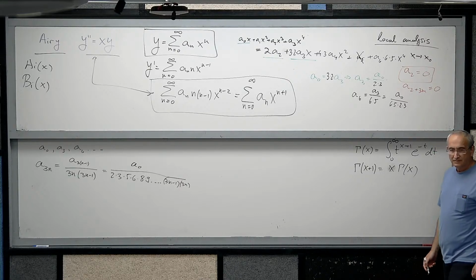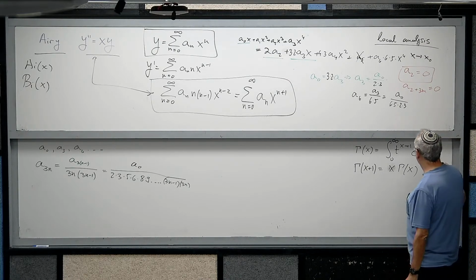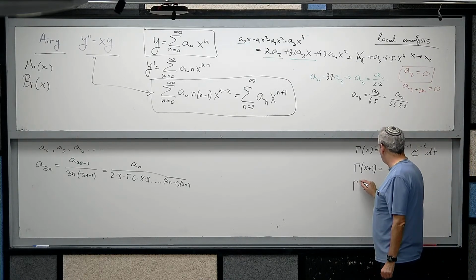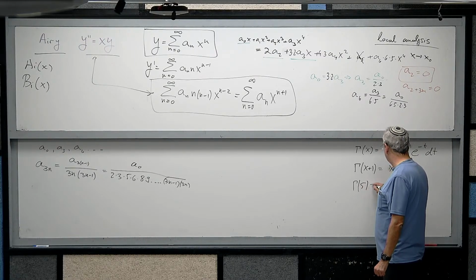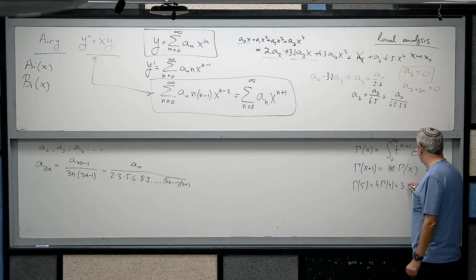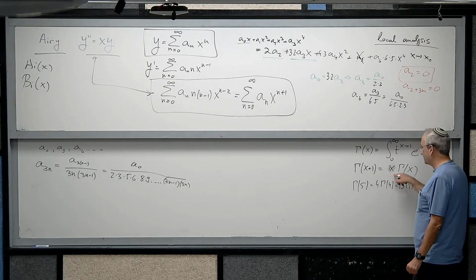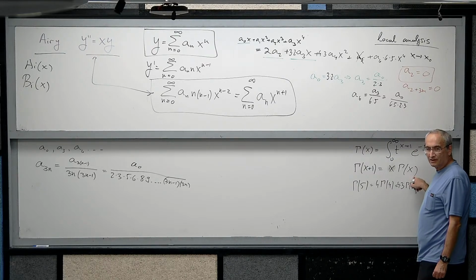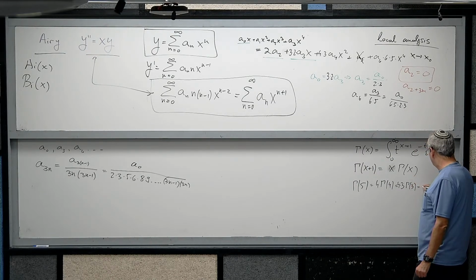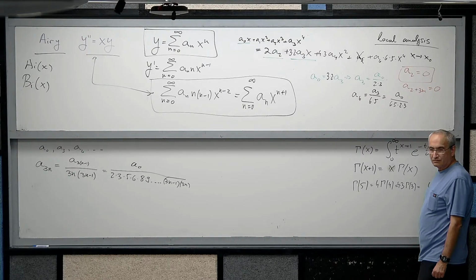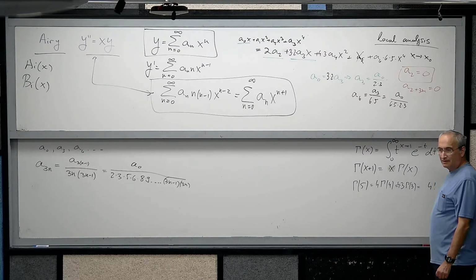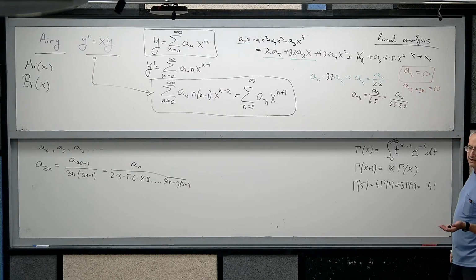Right? This is the importance, which implies, of course, that gamma of 5, say, is 4 gamma of 4, which is 4 times 3 times gamma of 3. Again, I'm using this relationship recursively, and it's simply 4 factorial. So gamma of an integer is integer minus 1 factorial, right?